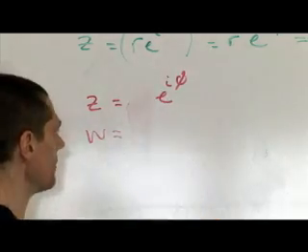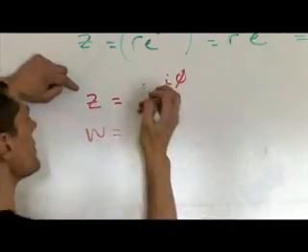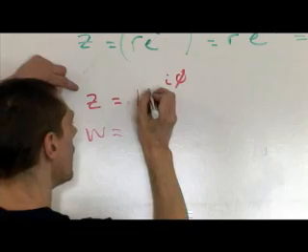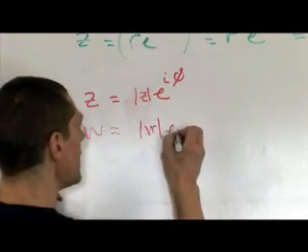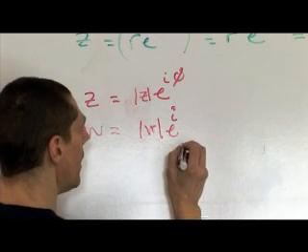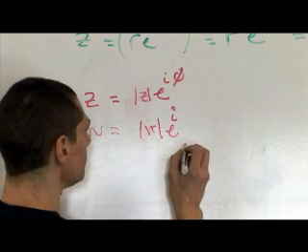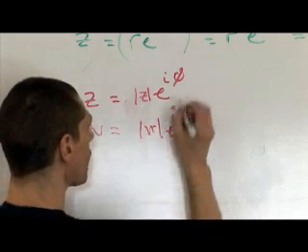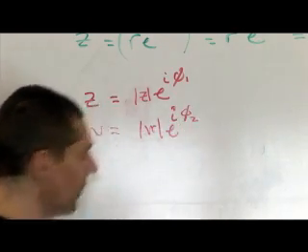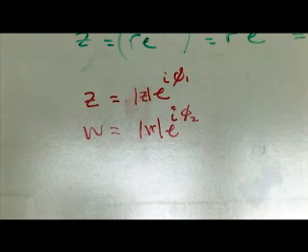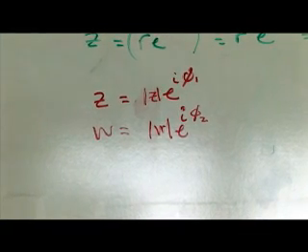I don't want to confuse people. We know that r, the radius, is the modulus of z. And so w is going to be the modulus of w times e to the i theta 2. I'm going to call these theta 1 and theta 2. A lot of times this notation is what drives people crazy.